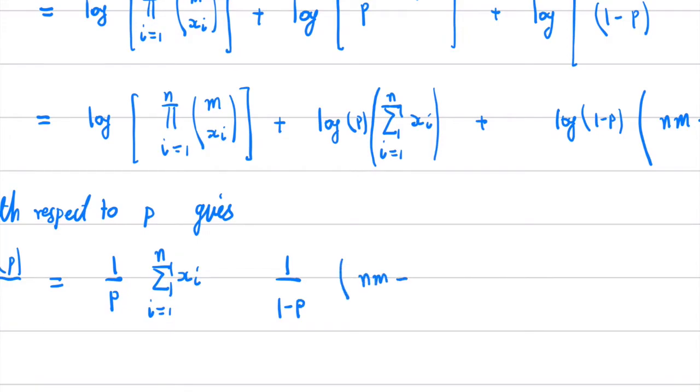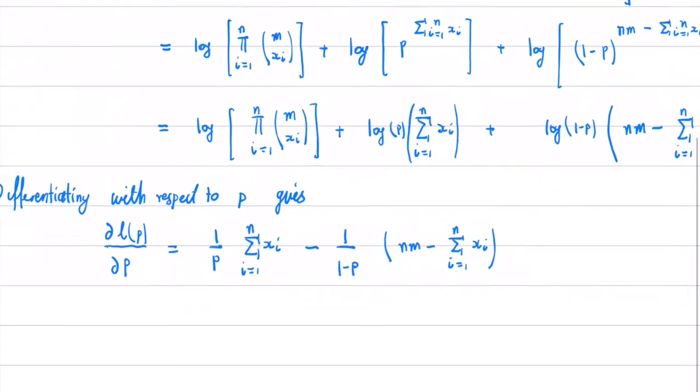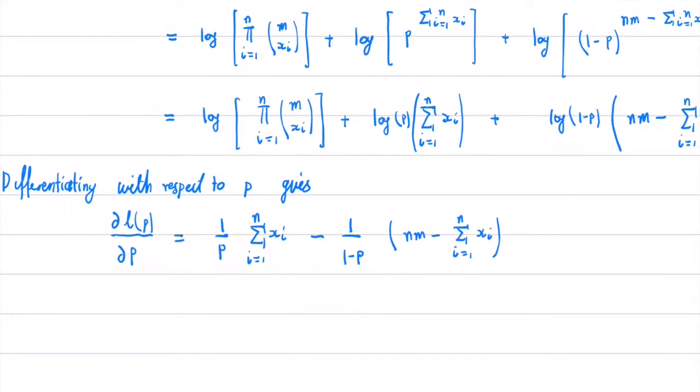Then we've still got our constant, the sum of xi. However, we don't want to forget that there is a negative 1 as the coefficient of p, so we have to take the derivative of the inner function, which is negative 1, so it becomes minus there at the front. Okay, wonderful, we've done that.